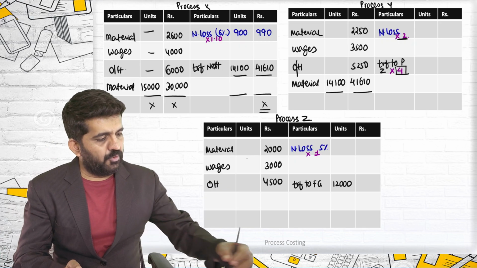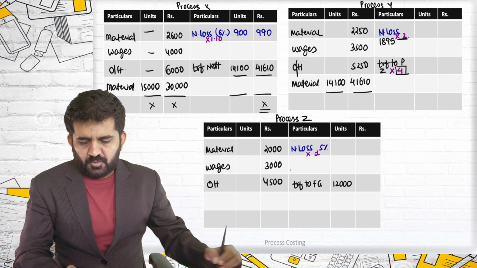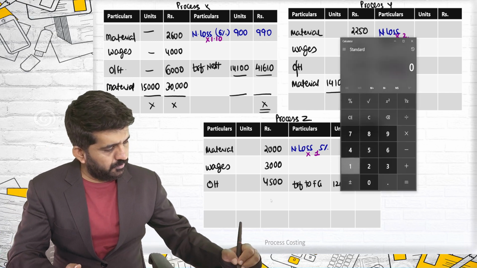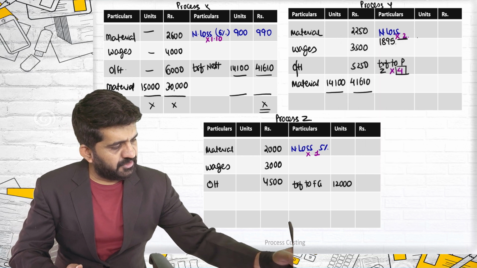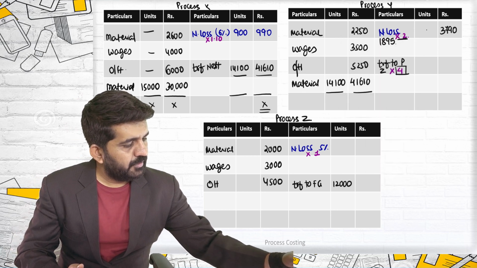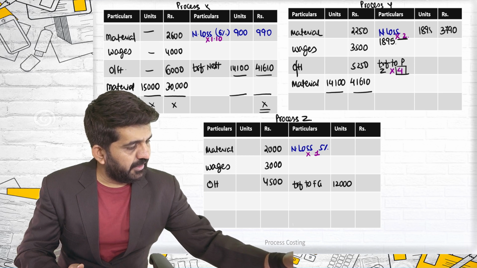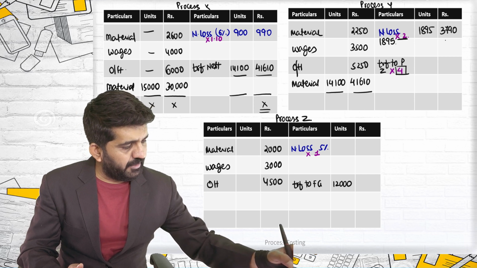I can write down 1895 into 2, which is 3790. This is 1895 units, valued at 2. I can find out the difference.